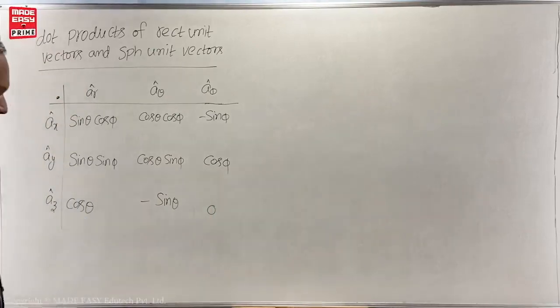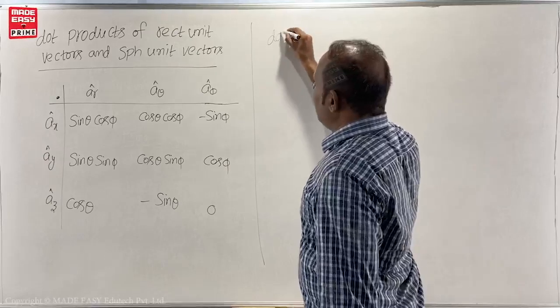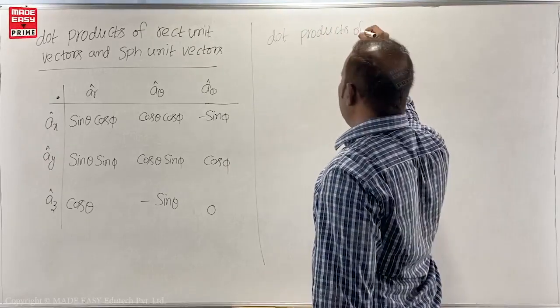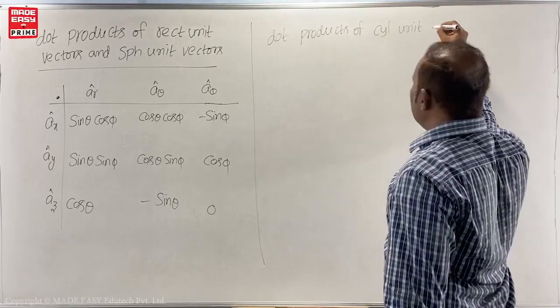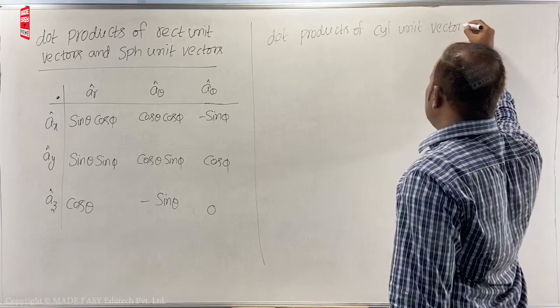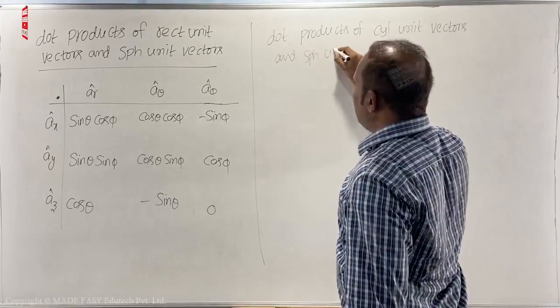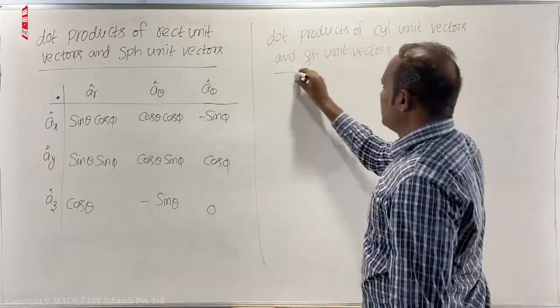This is the table. And similarly, if you want dot products of cylindrical unit vectors and spherical unit vectors.